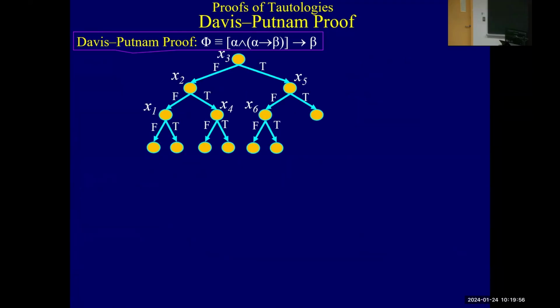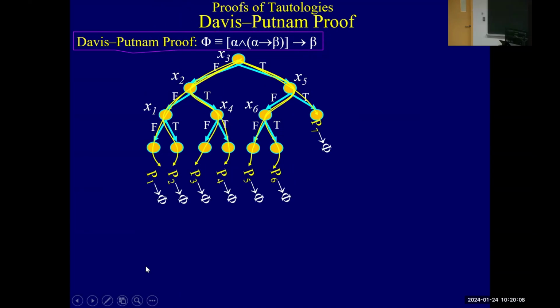All right, and now maybe this was our complicated tree, and maybe there are more variables, and so there are more branches, right? And so for each leaf, we prove the case that if x3 is false and x2 is true and x4 is false, then that's a path.